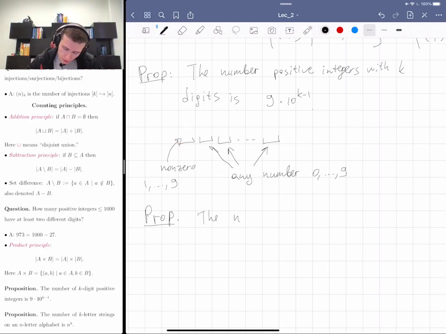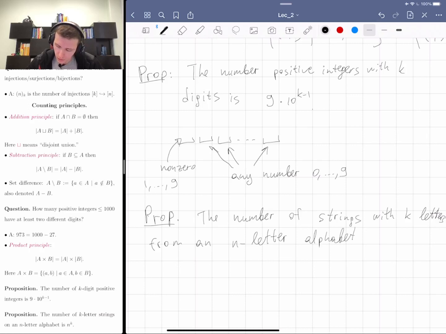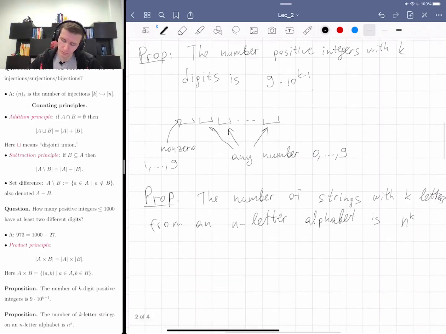So the number of strings with k letters from an n letter alphabet is equal to just n to the power of k.